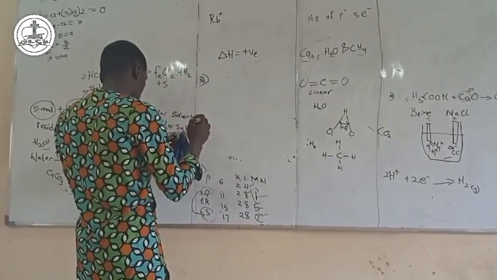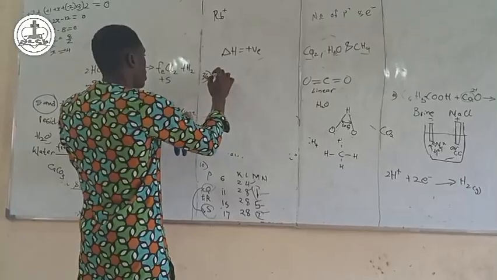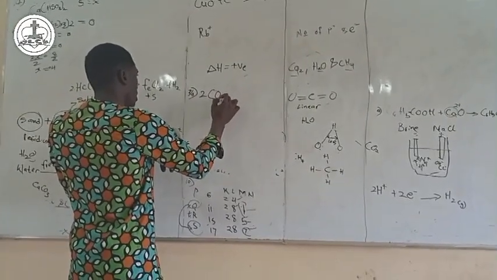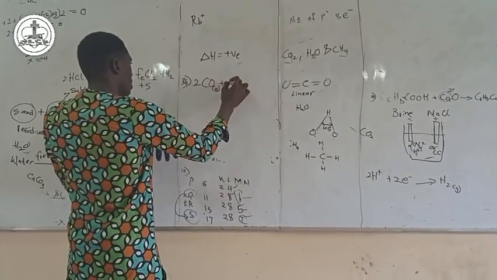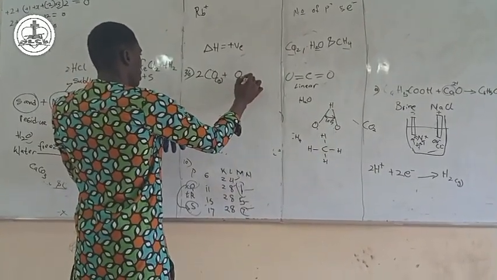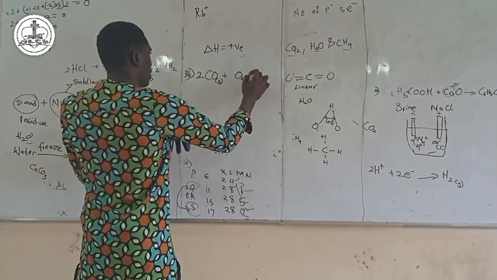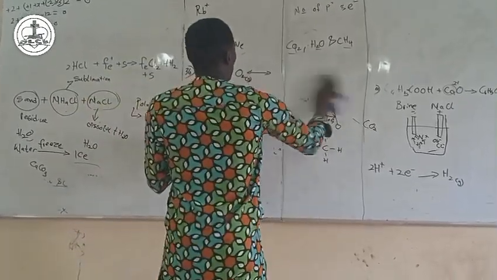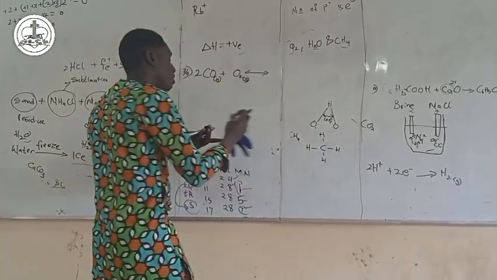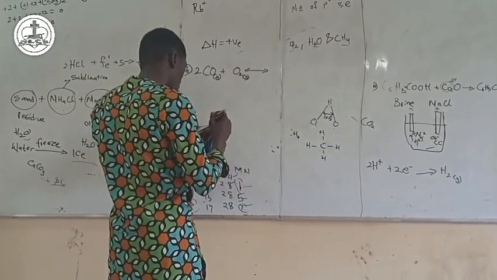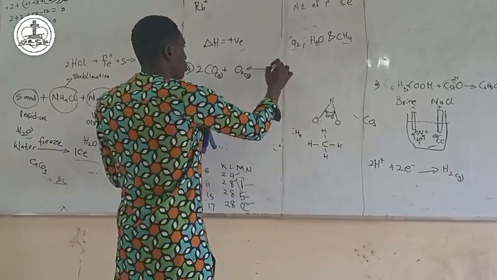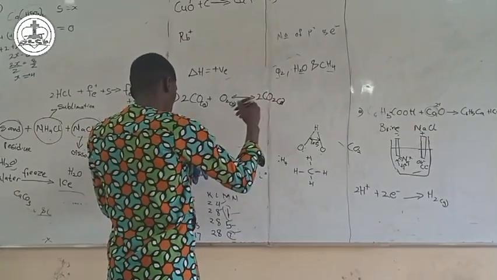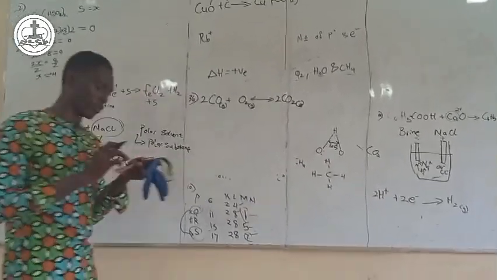Two molecules of carbon monoxide in gaseous state with oxygen also in gaseous state, then there's a reversible reaction showing that it's at equilibrium, so we have two molecules of carbon dioxide.